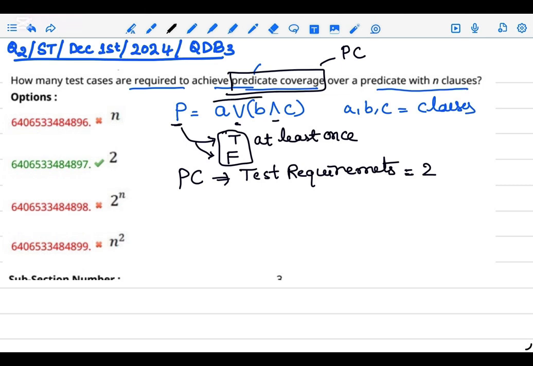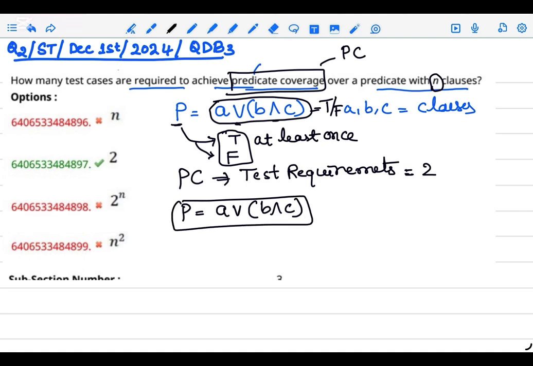The entire logical expression is evaluated to true or false. That is 2 cases, true or false. So for this we require 2 test cases. It does not matter how many clauses there are.